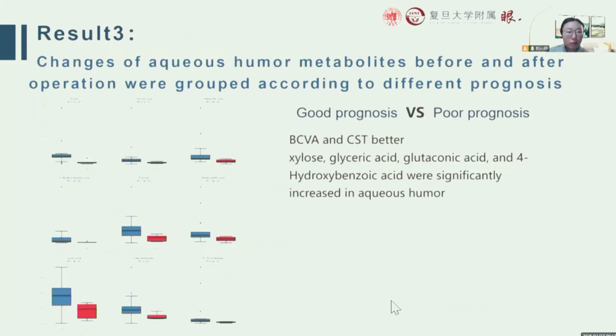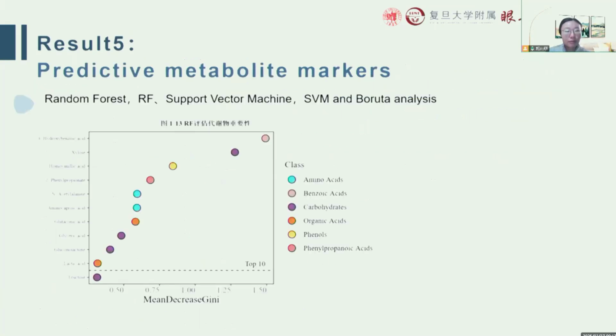We also found that there are several changes of aqueous humor metabolites before and after surgery according to different prognosis groups. The good prognosis group has better BCVA and CS, and some of the metabolites change significantly in aqueous humor compared with the two different groups, which makes us think whether some of these metabolites have predictive meaning.